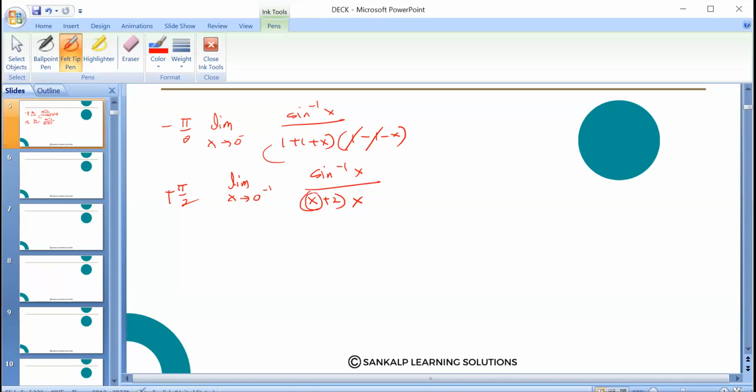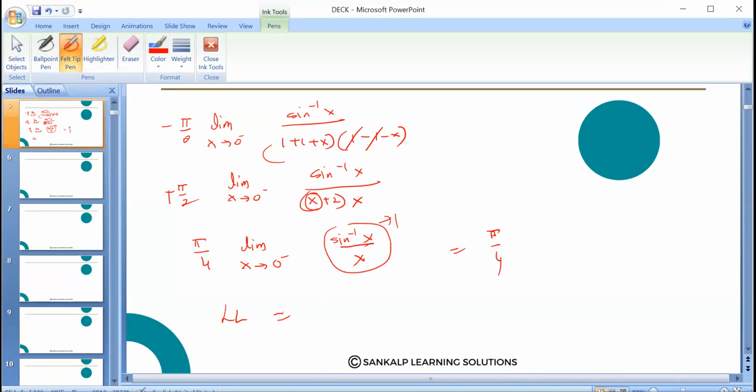Here I can put x as 0. So I will have pi by 4 limit as x approaches 0 minus sin inverse x by x. This is 1. So it is pi by 4.